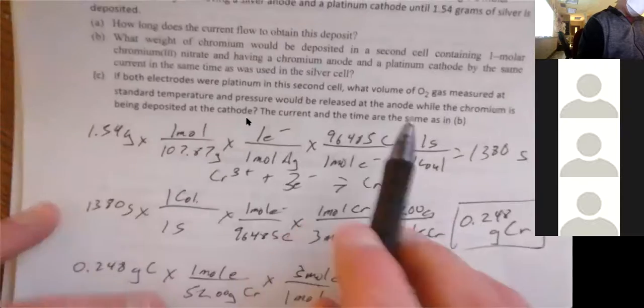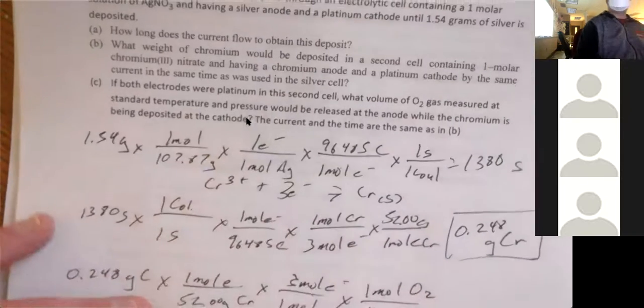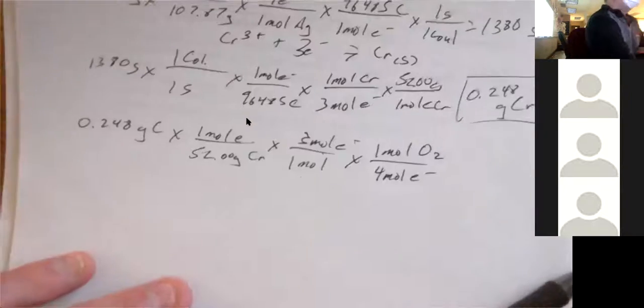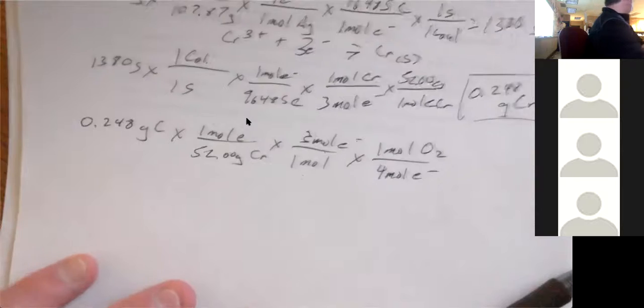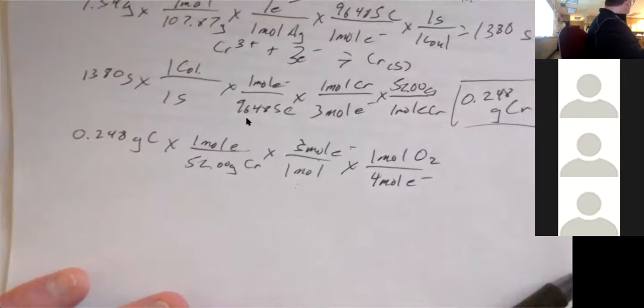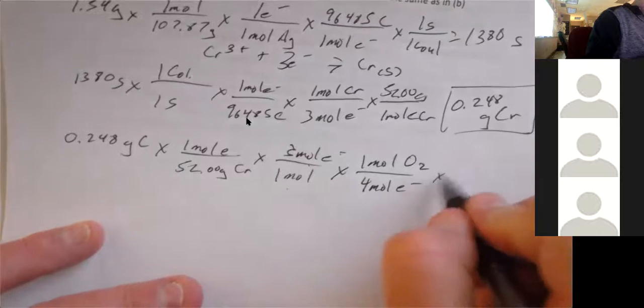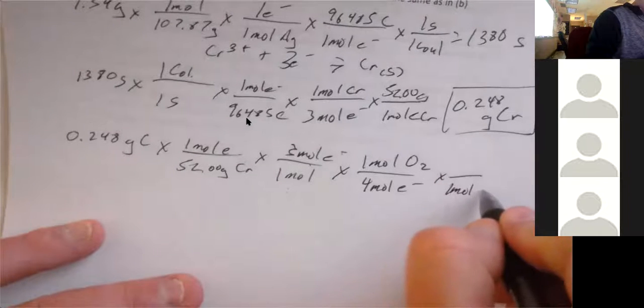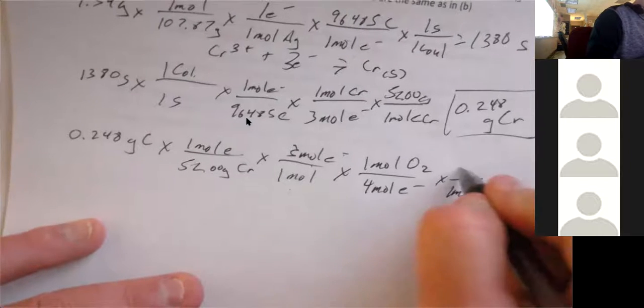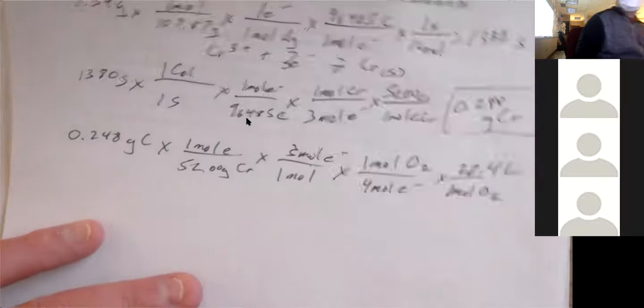They do say that this is at standard temperature and pressure. So unless you want to do a whole other problem with P equals nRT, you have to remember what? 22.4. Every 1 mole of any gas at STP takes up 22.4 liters of space.